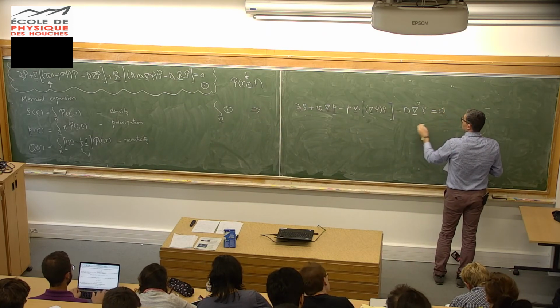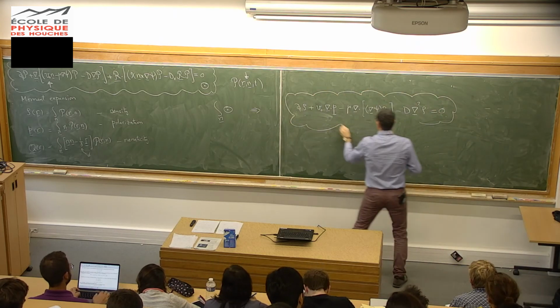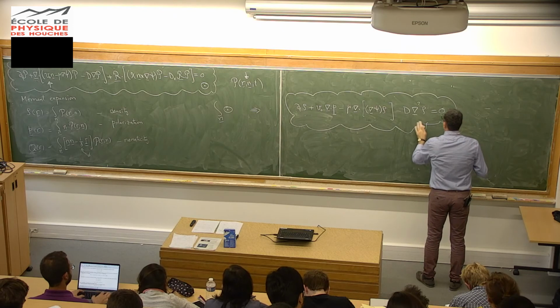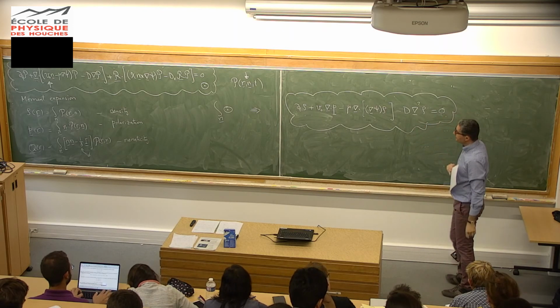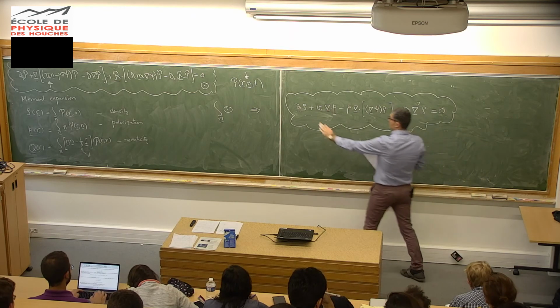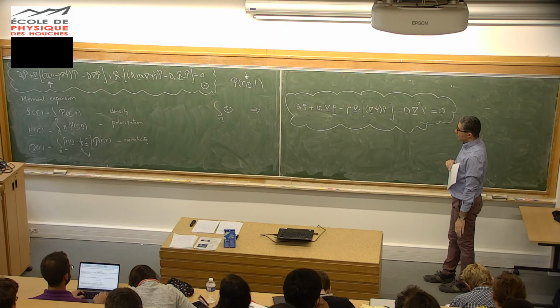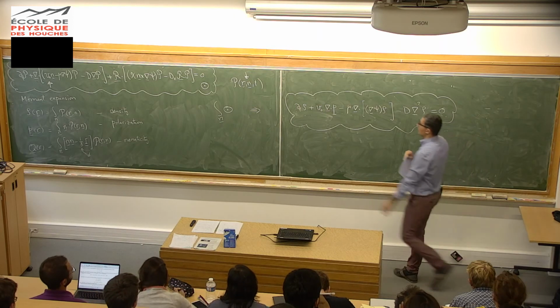So this is the equation that I will get for the 0th moment. As you can see, it's a very nice equation. It looks like a drift diffusion equation for the density.